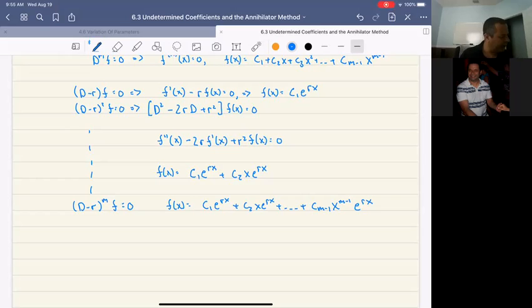I'm going to write that in summation notation: the sum, k equals 1 to m minus 1, of c sub k x to the k e to the rx.